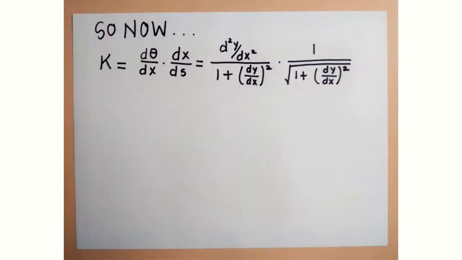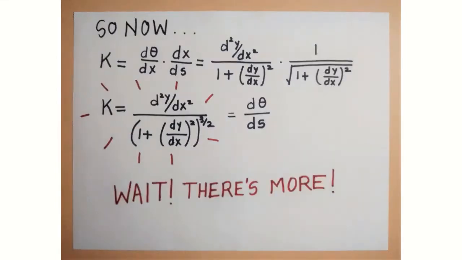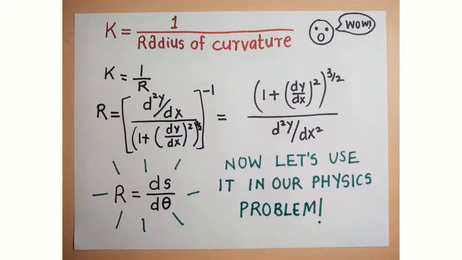So now, multiplying these two factors, we get the value for k. But wait, there's more. K is also defined as 1 divided by the radius of curvature, which gives us this very useful and simple relation r equals ds by d theta.